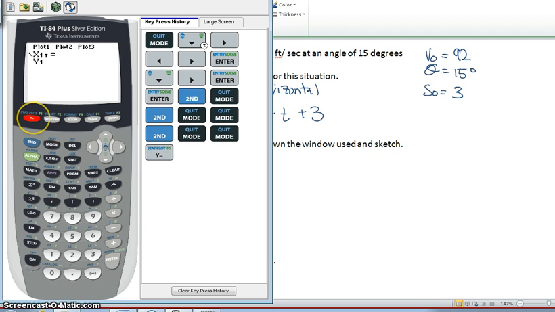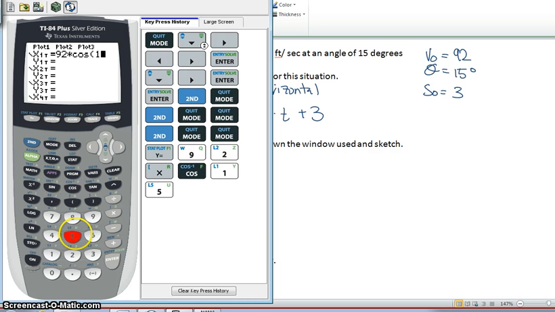So y equals. And what we want to do is we want to put in the equations that we use. So 92 times cosine of 15 times t. Okay, so that's our first equation.